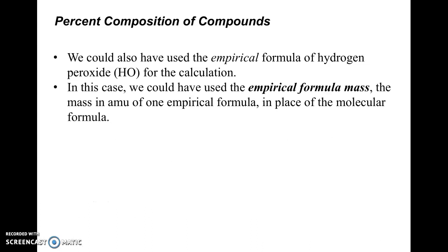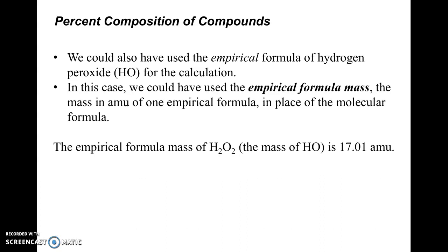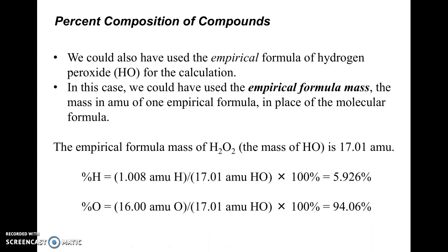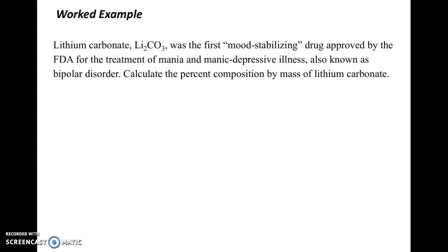And you can do that same calculation using the empirical formula mass to do the same calculation, and so you get the same numbers. So that empirical formula represents the molecule extremely well.